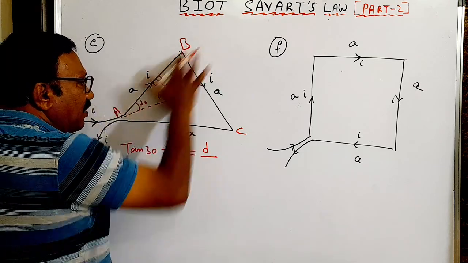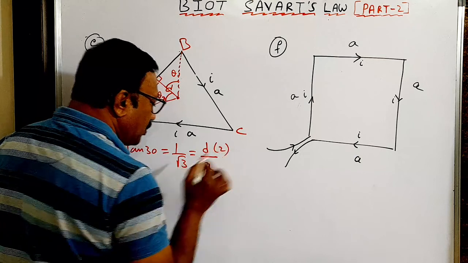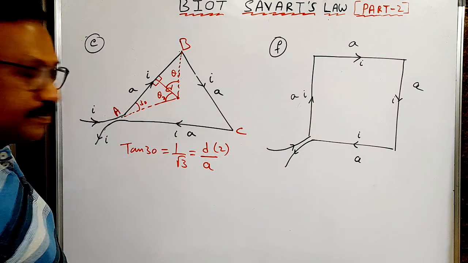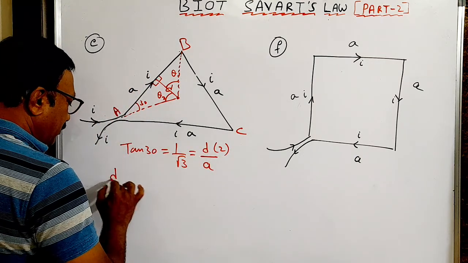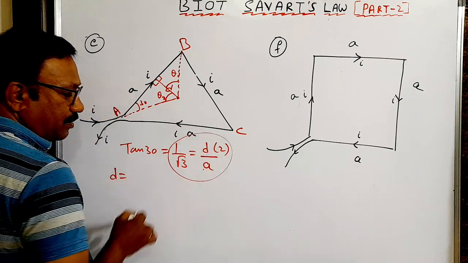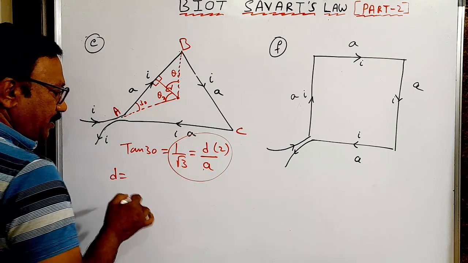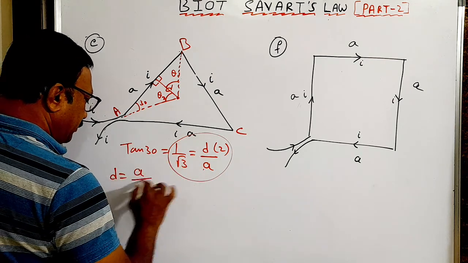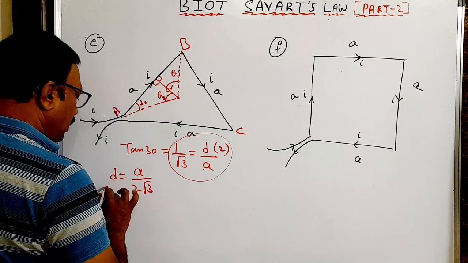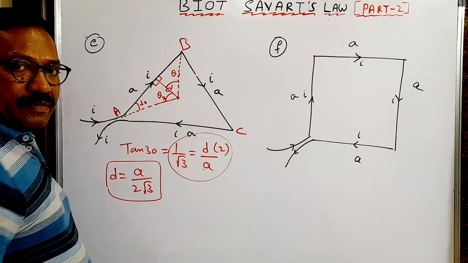Adjacent side is half of this side, no? That is A by 2. A by 2 means 2 will go to the numerator. So what is d from this now? d is nothing but A by 2 root 3. So I got the perpendicular distance of this point from the wire. So one part is over.